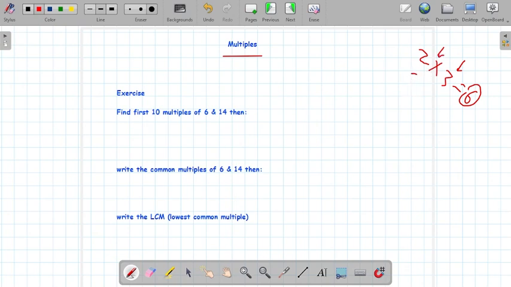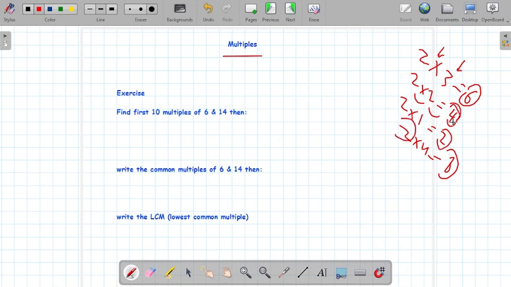If I said 2 times 2, this is 4. 4 is a multiple of 2. If I continue multiplying 2 by 1, 2, 3, 4, what I'm trying to tell you is that 2, 4, 6, 8, all of them are multiples of 2. So a multiple is the result of multiplying a number by another.